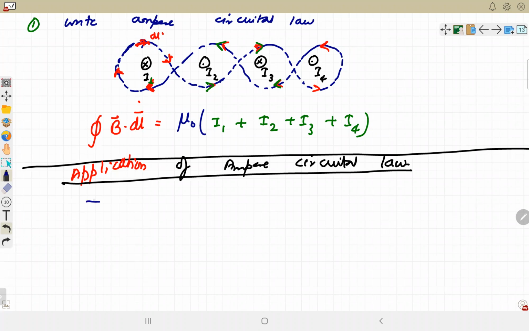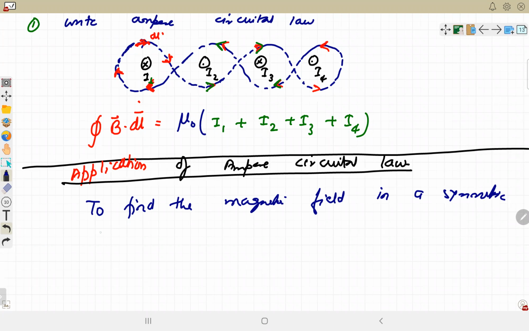To find the magnetic field in a symmetrical region, first we have to find whether that field is symmetrical or not.